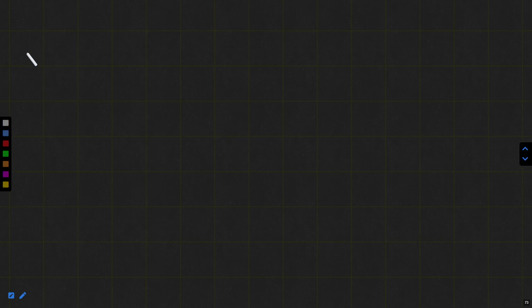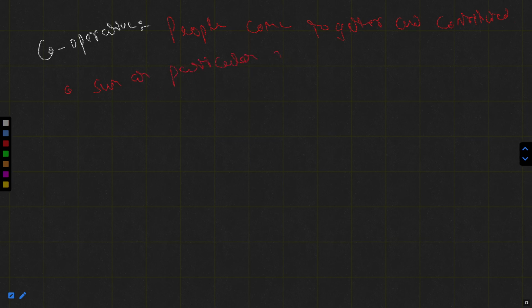Basically, in a cooperative bank, people come together and contribute a sum or a particular amount. That amount will be the bank's capital.